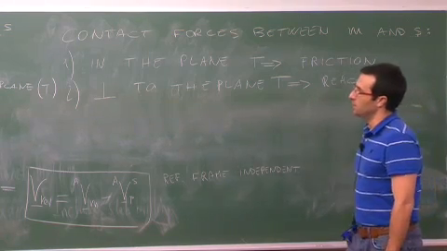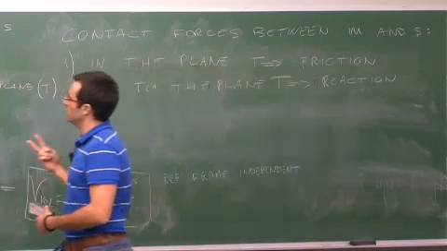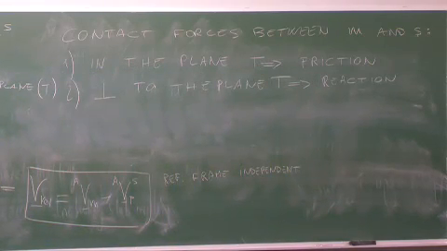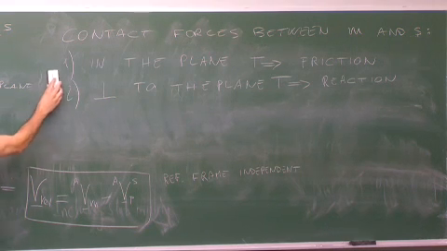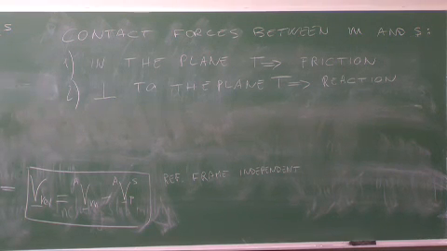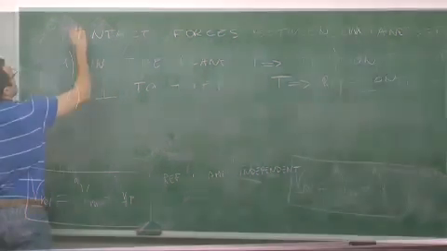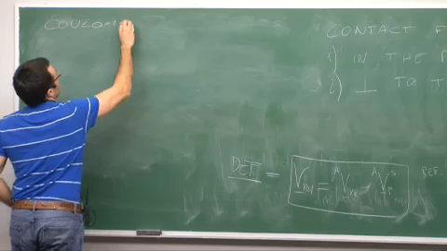This is what we want to model today. Two different types of friction. The first one is called Coulomb friction.